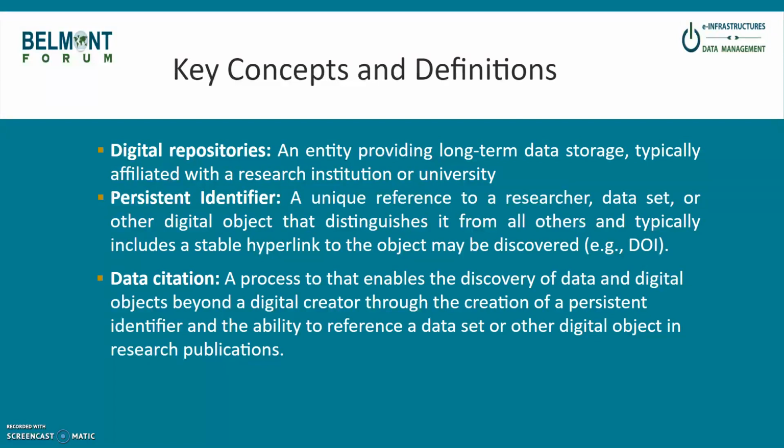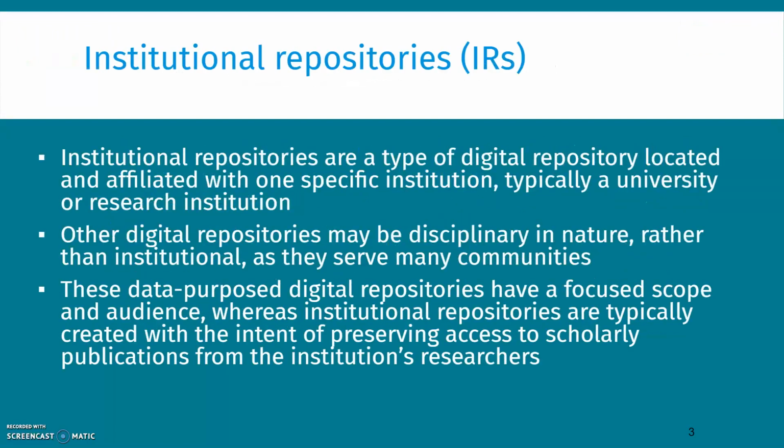An example would be a DOI. Data citation is another concept we'll cover. It's a process to enable the discovery of data and digital objects beyond a digital creator through the creation of a persistent identifier and the ability to reference a dataset or other digital object in research publications.